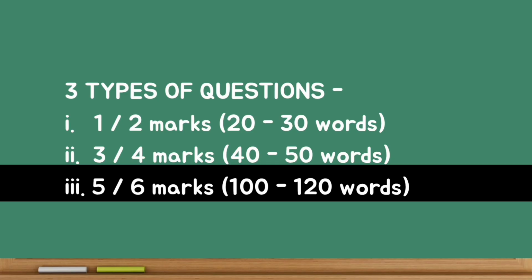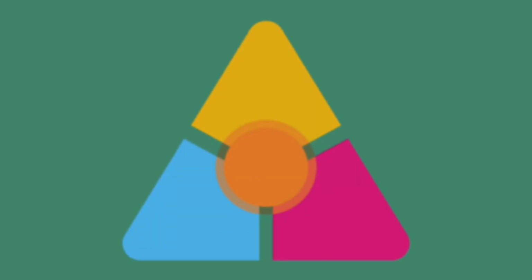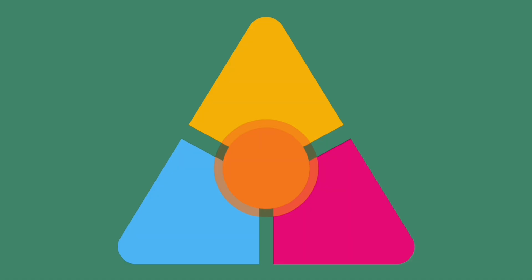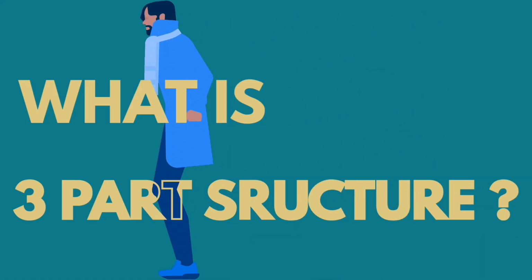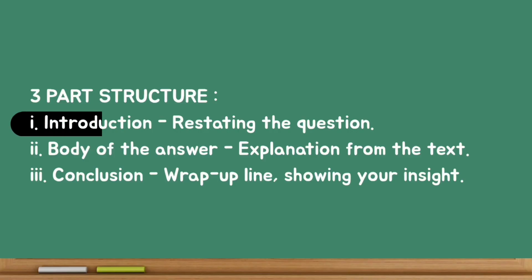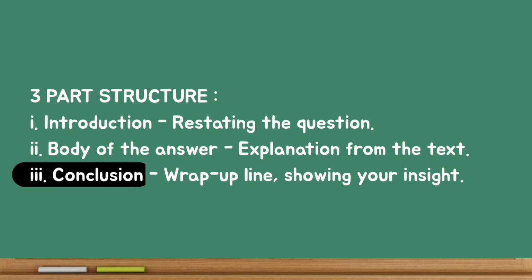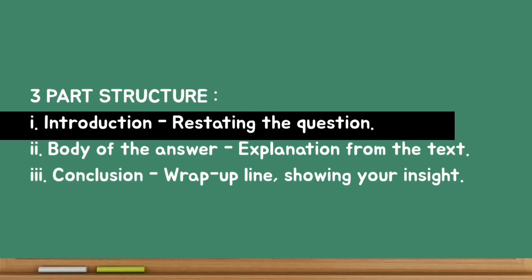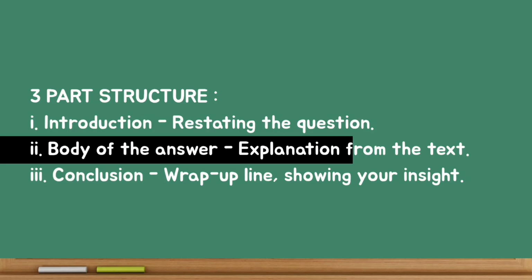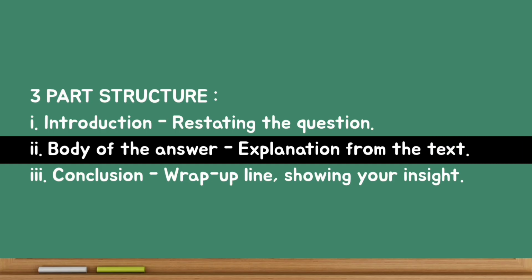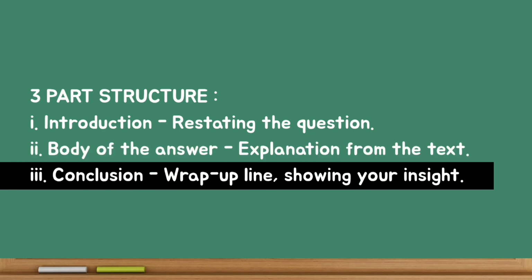To answer all these 3 types of questions, we need to follow a 3-part structure. What is a 3-part structure? It consists of introduction, body of the answer, and conclusion. Introduction restates the question. Body of the answer explains from the text. And conclusion is the wrap-up line showing our insight.